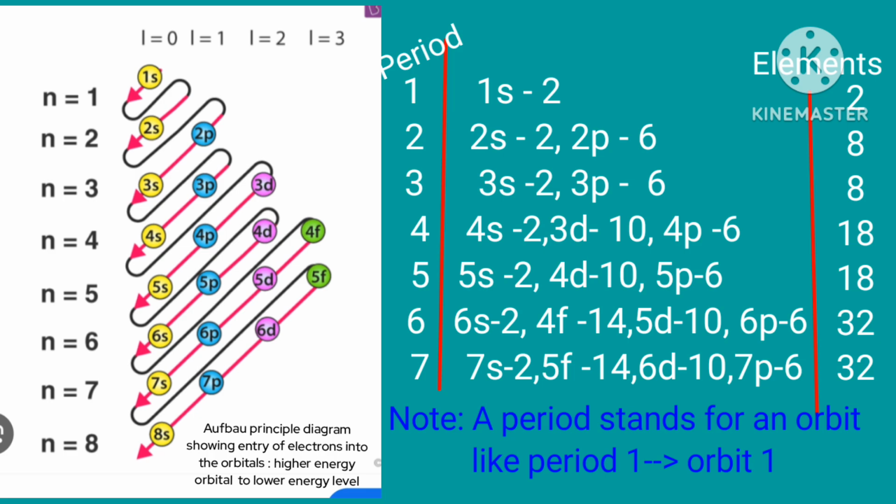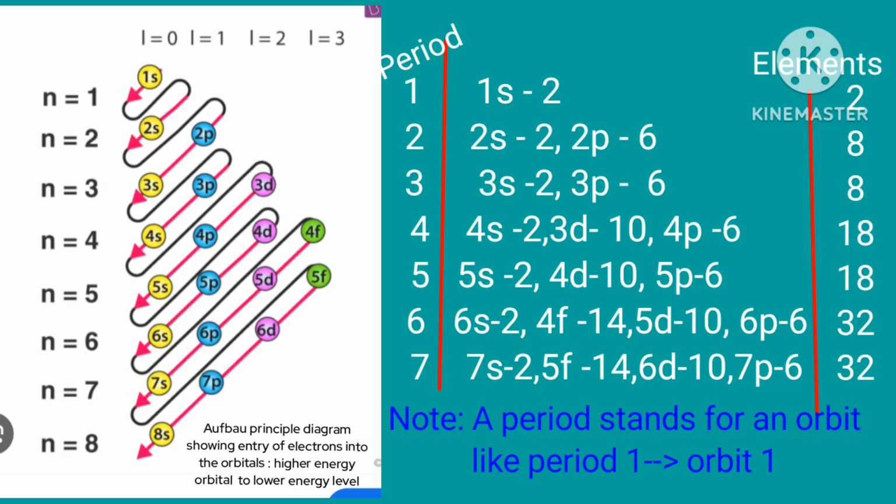So, based on this Aufbau principle, look at this table. In first period, that is horizontal column, first period contains two elements. That is, electrons enter one after one into s orbital because it has space for two electrons.